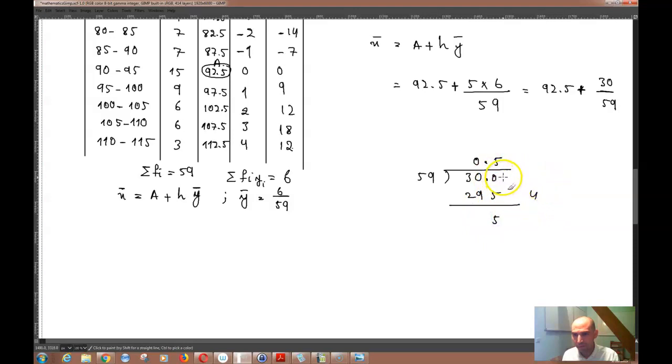Adding a 0 again, 300 divided by 59, 8 times 9 is equal to 72, 8 times 5 is 40, 47, and then you get some remainder here. 531 is correct, but doesn't fit, so I think an 8 would be a good candidate.